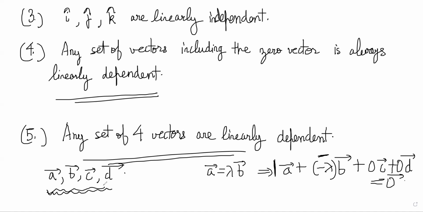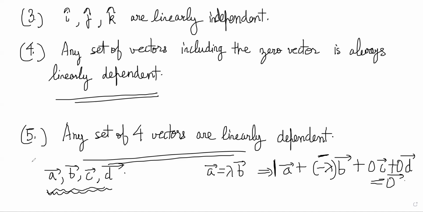So if any two of them are collinear, it becomes dependent. So we'll assume it is not collinear. So then if any three of them are coplanar, it will become again dependent because of the coplanar property. So finally you will say that assume they are non-coplanar, right? And then you can write the fourth vector in terms of the other three, and you will be able to prove this property again. So that is the concept of linear dependence and independence.